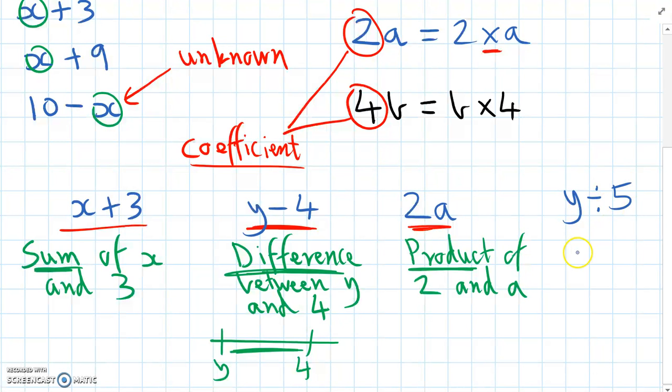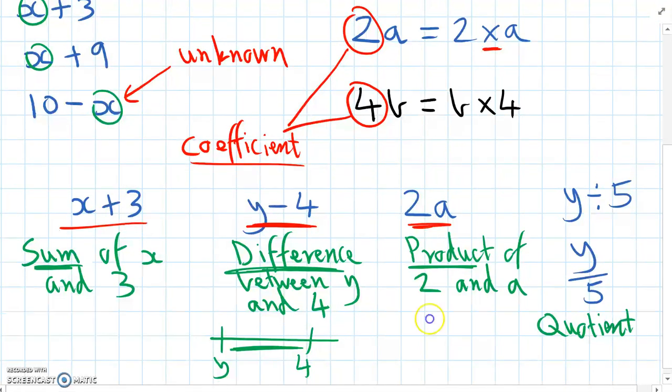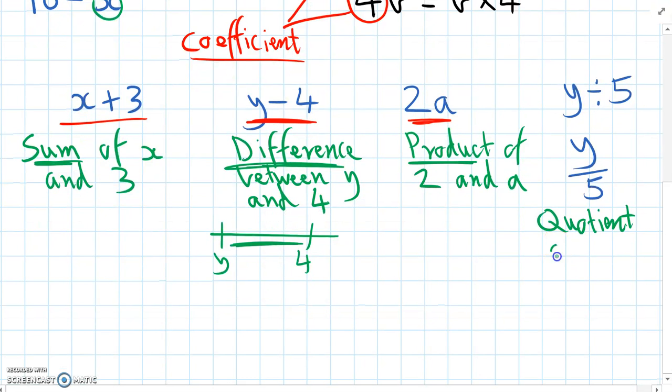And remember, divided by we can also write as a fraction. So these two are the same. And division, the proper name for that is the quotient. So this is the quotient of y and 5, in other words, y divided by 5. So we have the sum, the difference, the product, and the quotient.